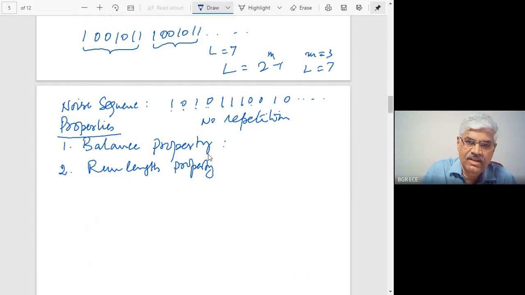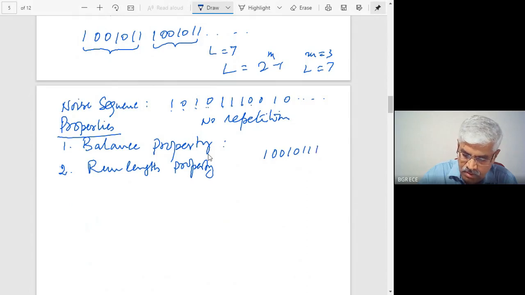it is found that 1/2 of the number of runs are of length 1. Let us assume this sequence 1 0 0 1 0 1 1.